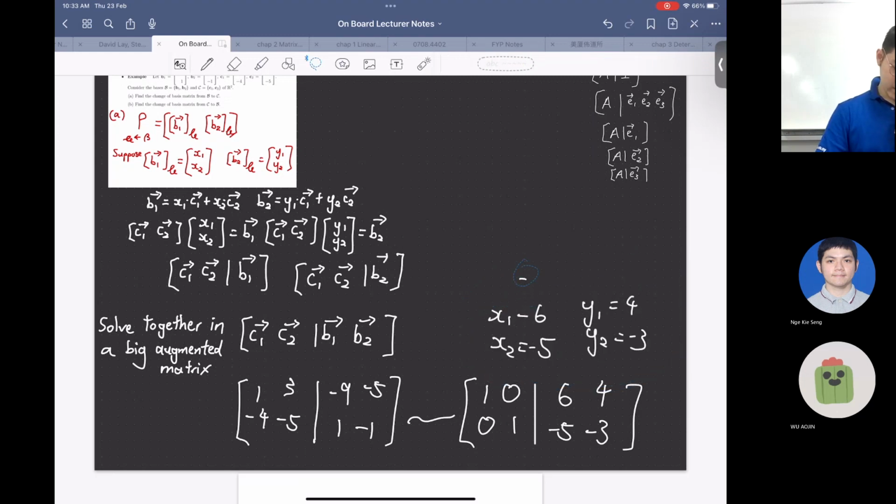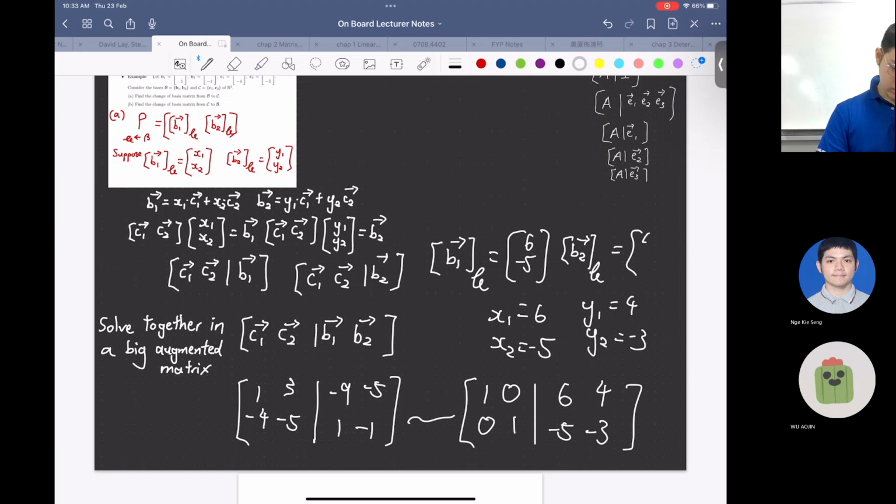Which means B1 in terms of C is (6, -5), and B2 in terms of C is (4, -3). So if you put this together in your change of basis matrix, the matrix you will get is 6, -5, 4, and -3.